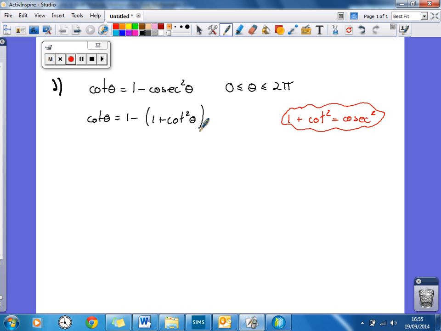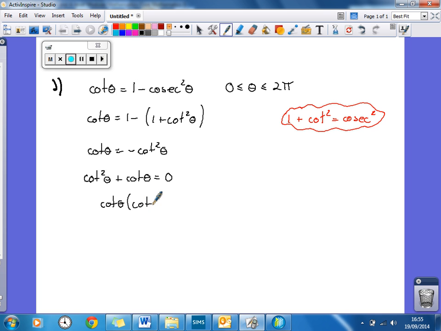This caught a number of people out. So I've got 1 minus 1, which is nothing, and then I've also got a minus cot squared theta. Loads of people kept that as a positive, so then when you put it onto the other side, make it equal to 0, you end up with a negative there, which then it all went wrong.